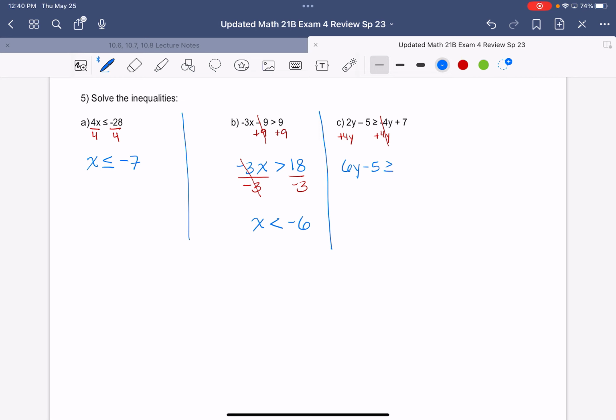Is greater than or equal to, bring down the 7. So we're getting closer to getting our y alone. Next, we can add 5 to both sides of the inequality, so that way the 5's cancel. We are left with 6y is greater than or equal to 12.